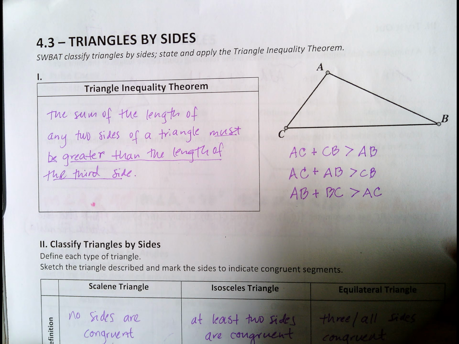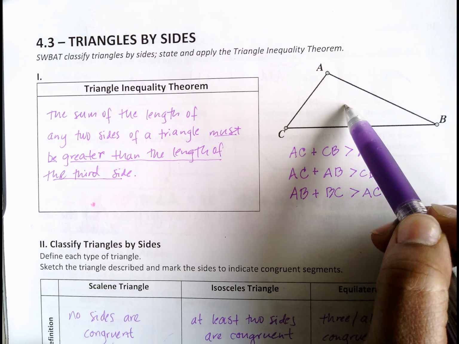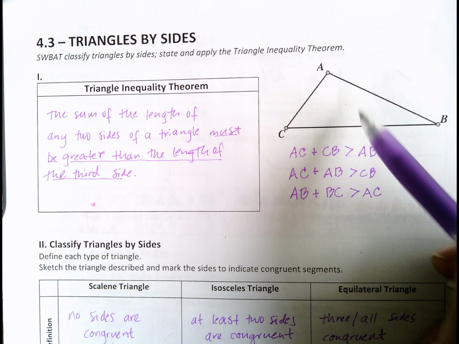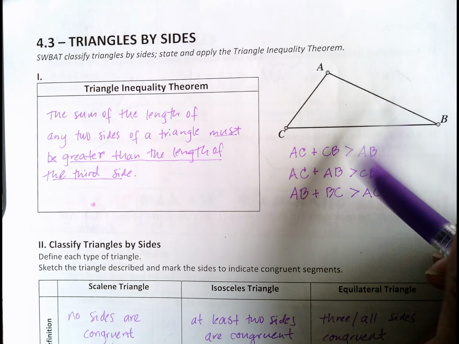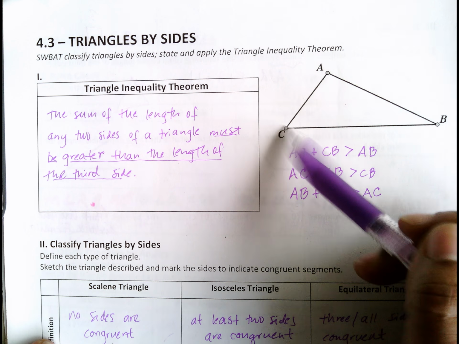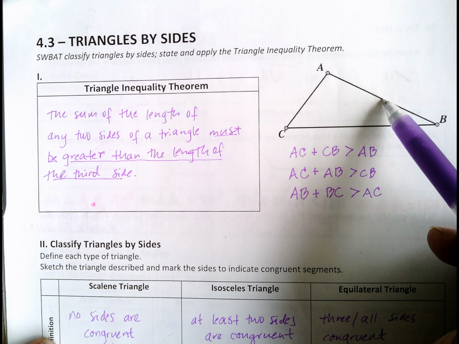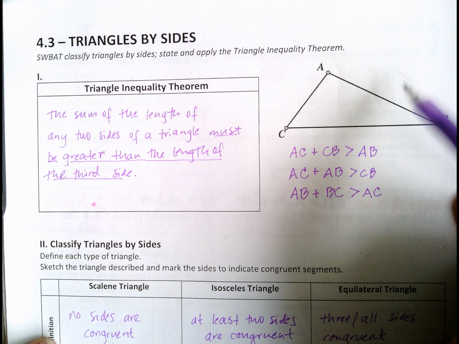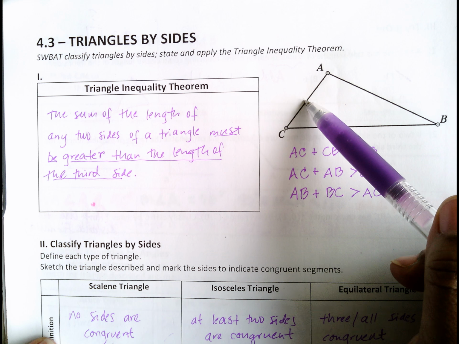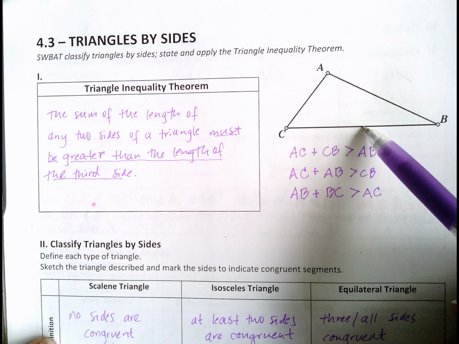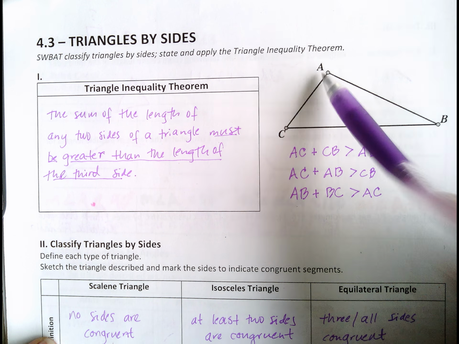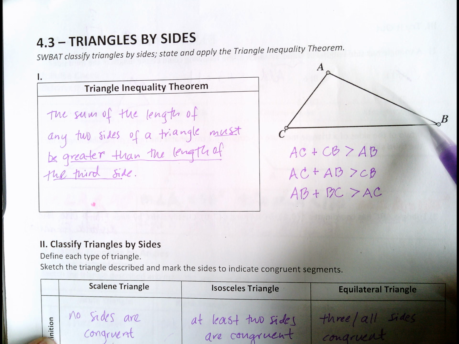For example, looking at this triangle here, in order for this to actually be a triangle, the length of AC plus CB, when added up, has to be greater than AB. So if AC is 4 units in length and CB is 6 units in length, then AB would have to be over 10 units.